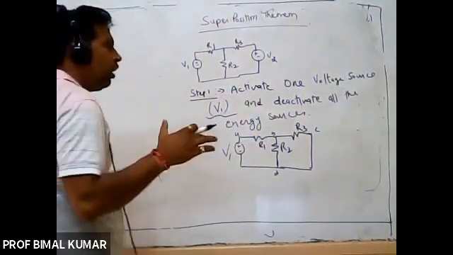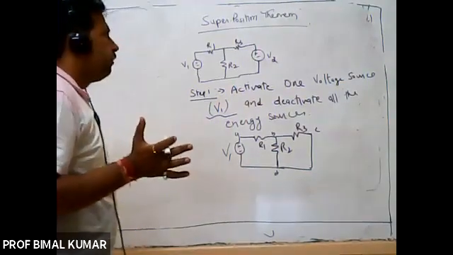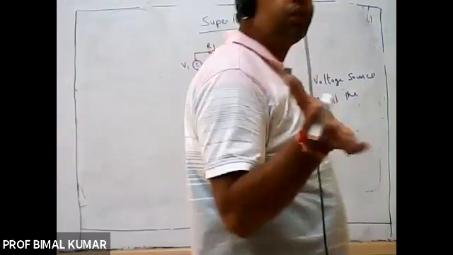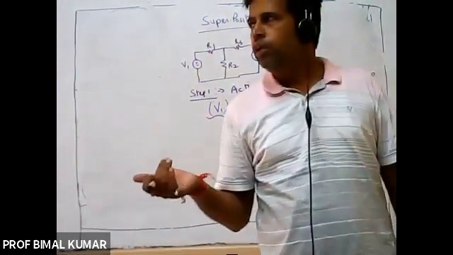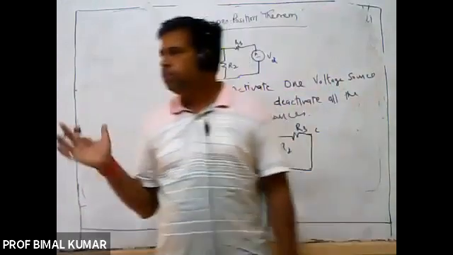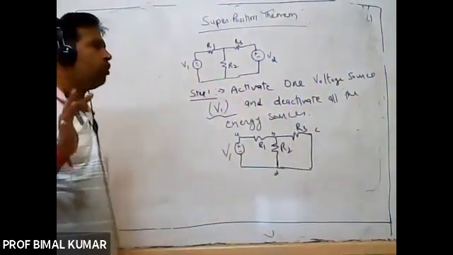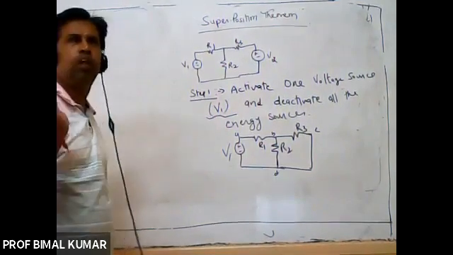Important thing is here, we will also mention the direction of the current. In the rest of the theorems, whether it is the Thevenin theorem, the Norton theorem, or the maximum power transfer theorem, there is no particular direction. We are only interested in the magnitude of the current.